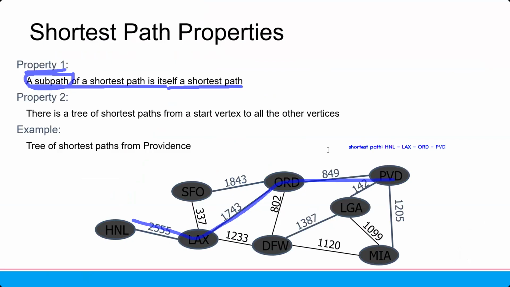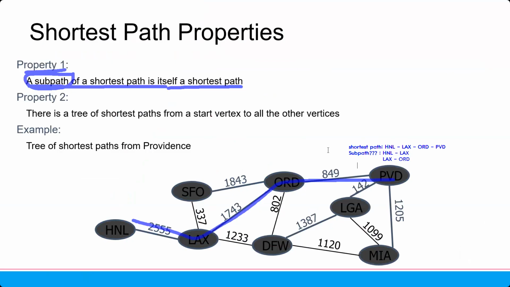Okay. So what is the subpath? The subpath is from ANC to LAX. So this is one of the subpaths. There might be another subpath from LAX to ORD. So this is also a subpath.